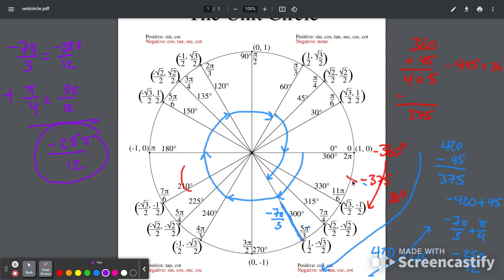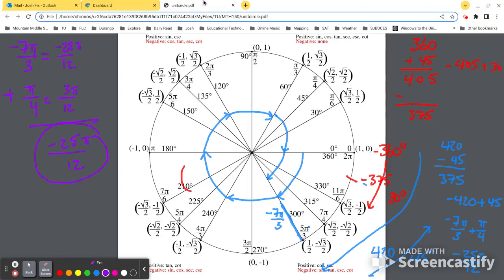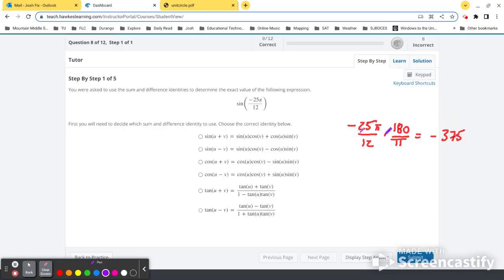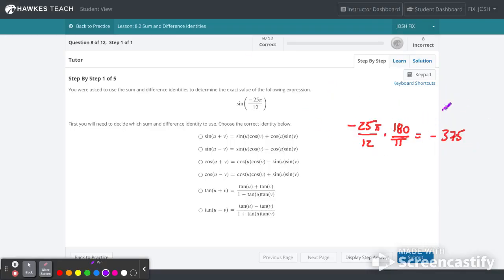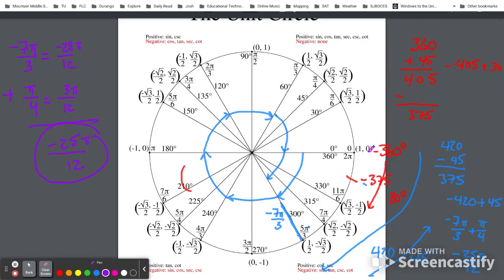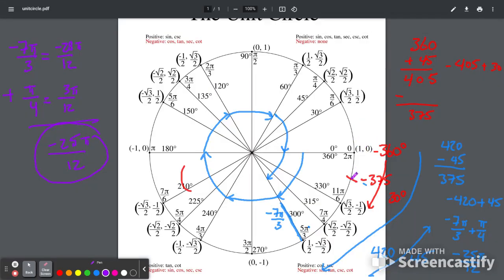The bottom line is that I knew that I started off and I knew I had to get the 375. And that was that thing where we knew that because this idea that we convert that, we know our angle had to be negative 375. That made it a little bit easier for us to identify and say, okay, if negative 375 would be right there, and since negative 375 is right there, how can I get to that?